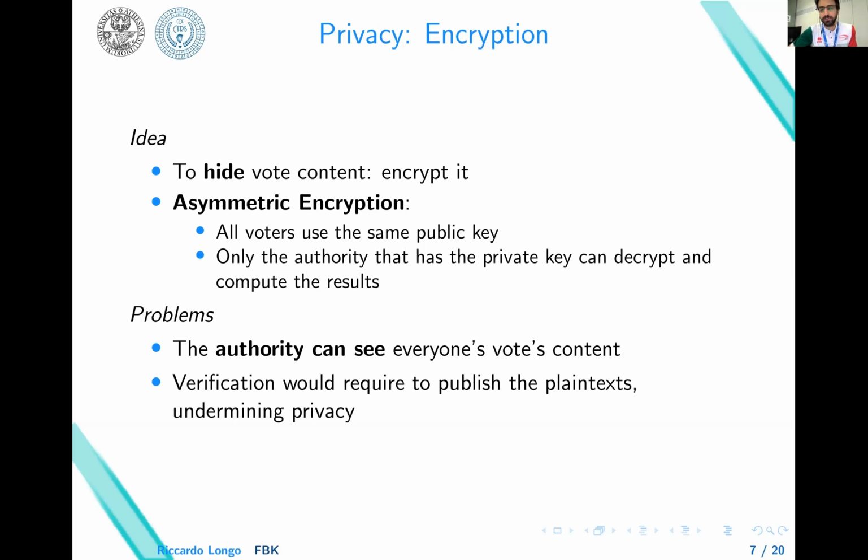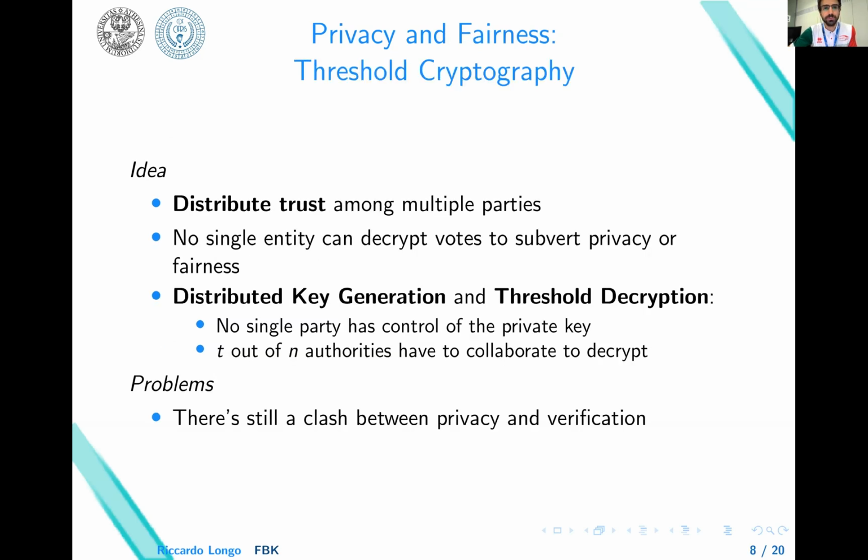How can we refine this solution? For example, we can start by introducing threshold cryptography. In threshold cryptography, we distribute trust among multiple parties. In this way, there is not a single entity that can decrypt the votes and subvert privacy or fairness.